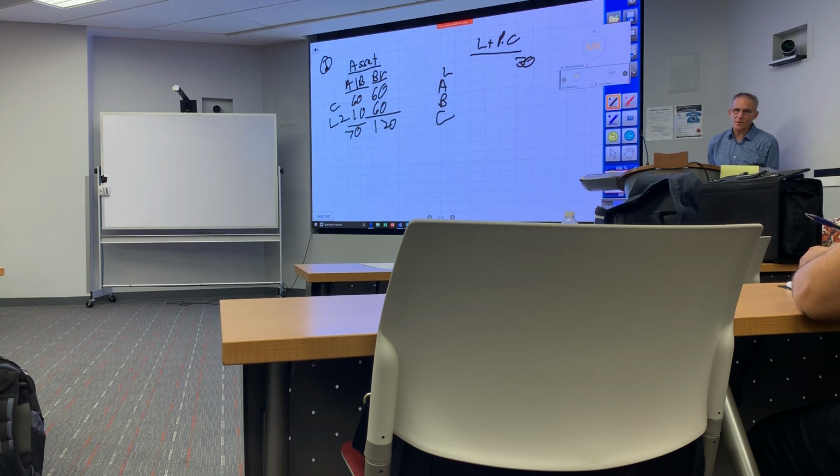Now, here's the tricky part. Everyone agree that C contributed this property, right? And at the time he contributed, the liabilities were 30 and his basis was 10.